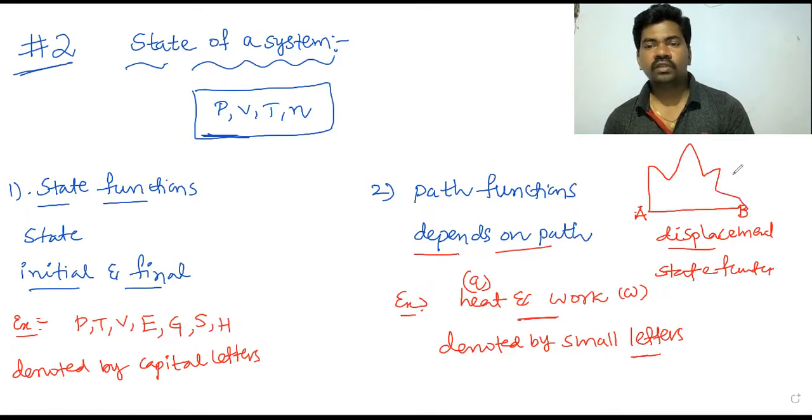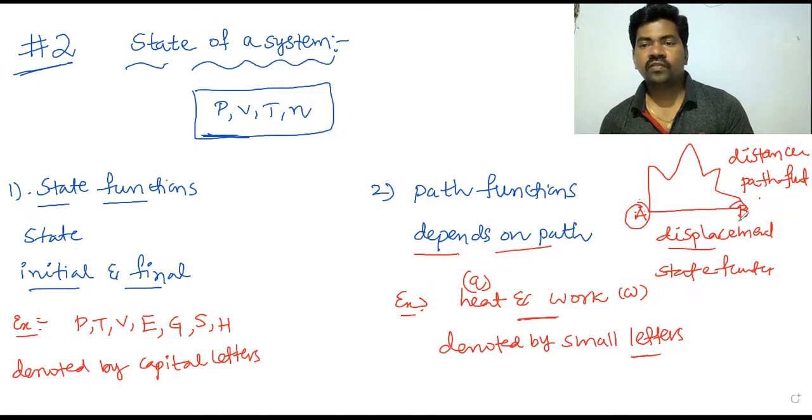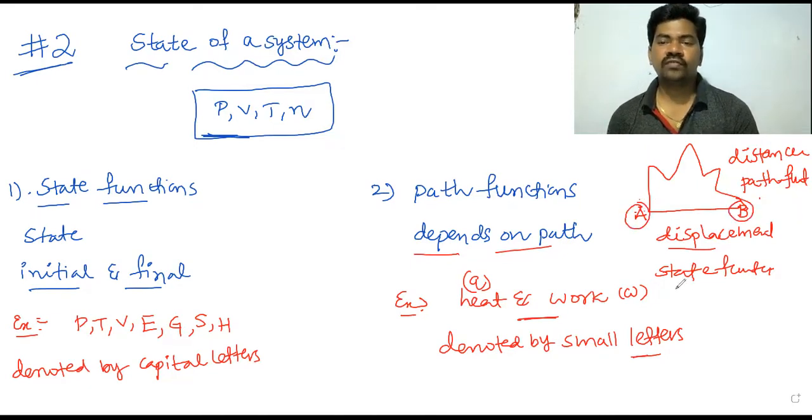This is the actual path. It is distance, the total distance, depending upon the total path, how a person reaches A to B. The total path is called distance, and this is a path function. Distance is a path function. Displacement is the shortest path, which depends just on the initial and final state, so this is a state function.